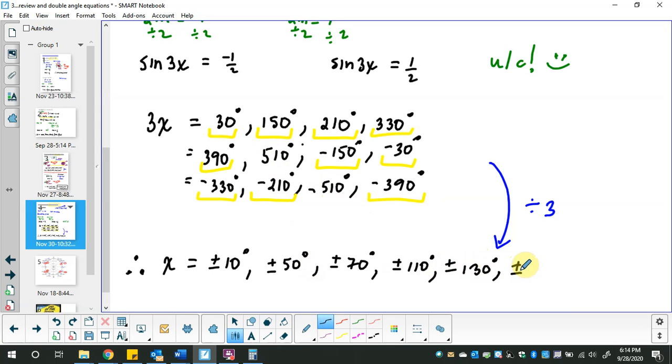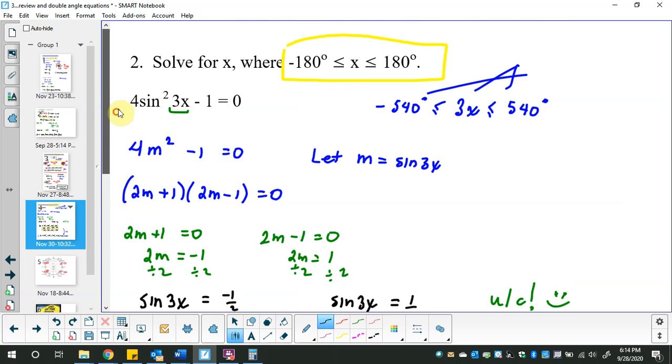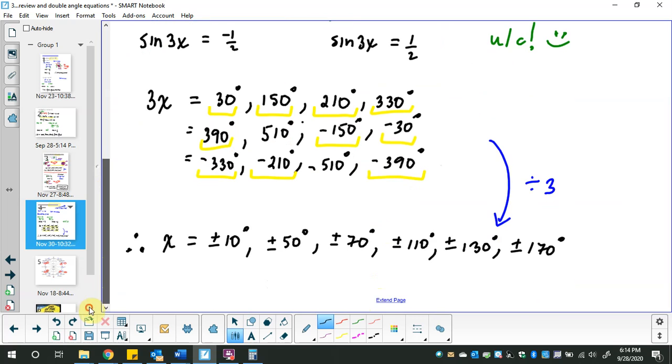I could do this in my head, but I'm feeling a little rusty. Oh, my calculator's not even working. 170 degrees. All your answers are in degrees. All the answers are trapped between positive and negative 180 degrees. Every single one of them.